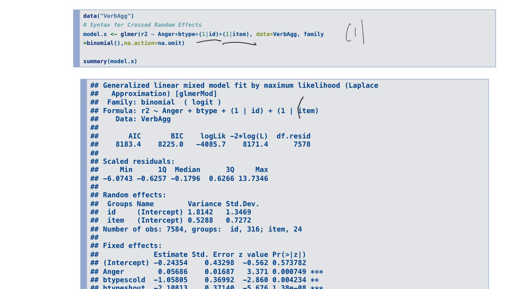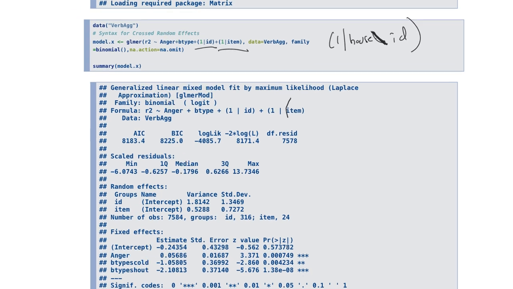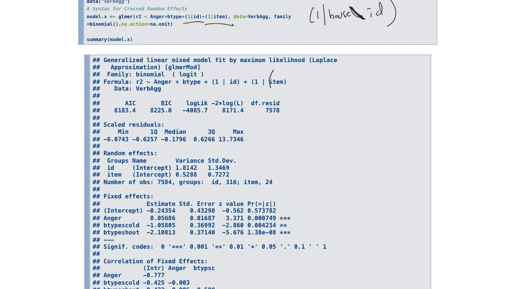Like if I did house slash ID, something like that, if I had nested levels. So you have to tell it within the random intercept designation if it's nested. You have to put the levels of nesting. In this case, there is no level of nesting because we're not assuming nested effects.